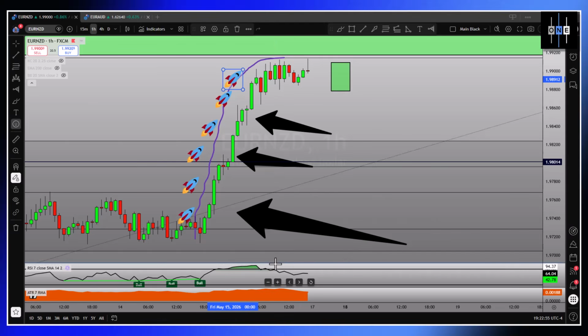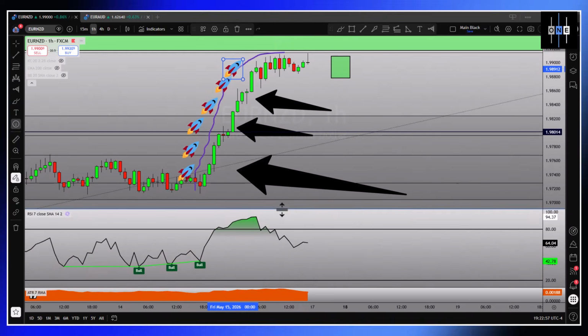If we look at our RSI once again, another way to use it other than just the massive overboughtness that we've had up at 94 here in the hourly, we can start to see that as price is making higher highs still, we're starting to see lower highs on our RSI.